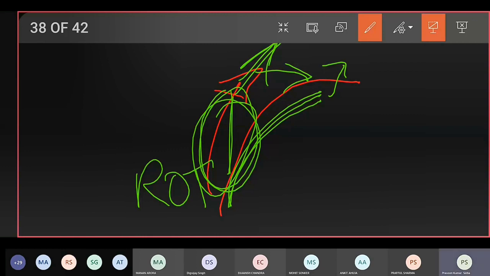Increasing ROT is difficult, reducing ROT is easy when we are already into turn. Is that okay?